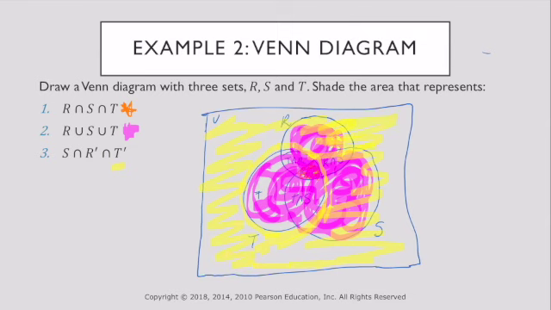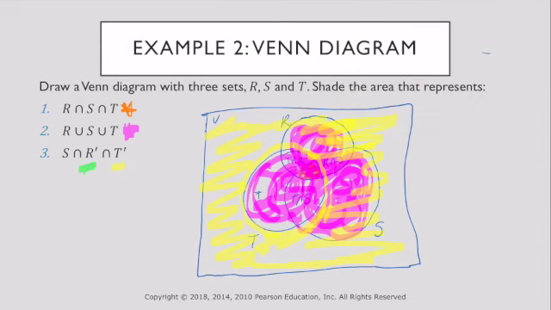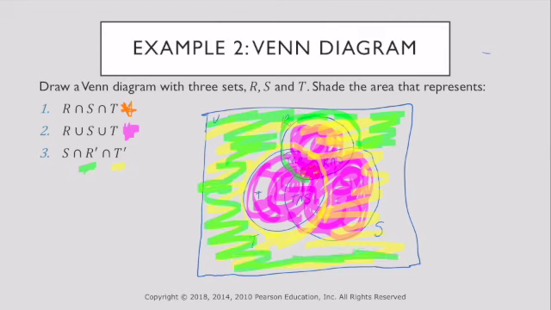This is getting very colorful. R complement is everything not in R. So that's all of this. Everything not in R. And then S is just all of S. So what's our area going to look like?